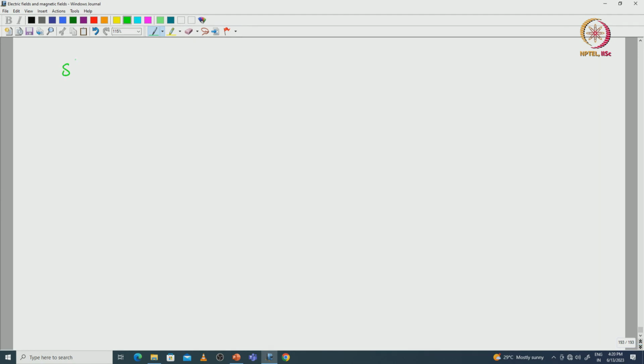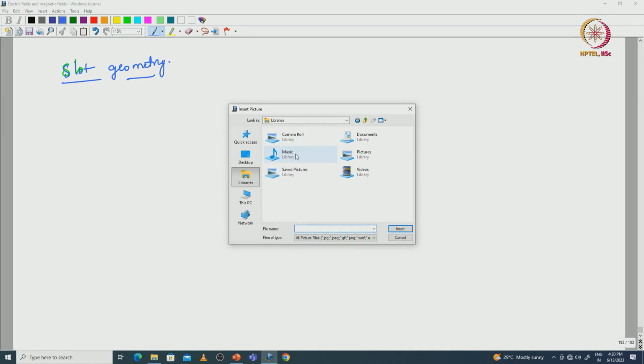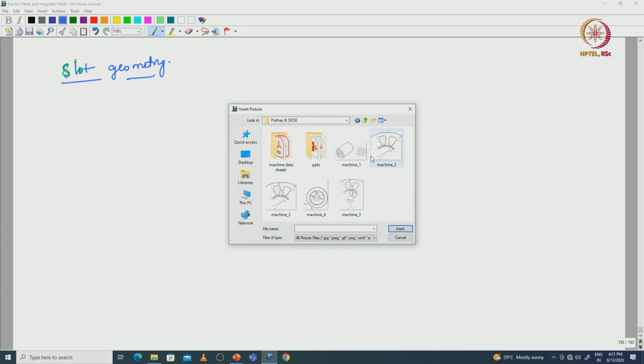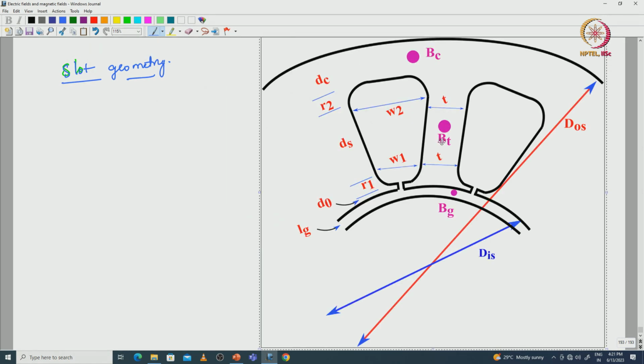The next thing will be slot geometry. As of now we have discussed the stator winding and number of slots and how to select the stator slot shape. Let us consider the slot shape in this manner.